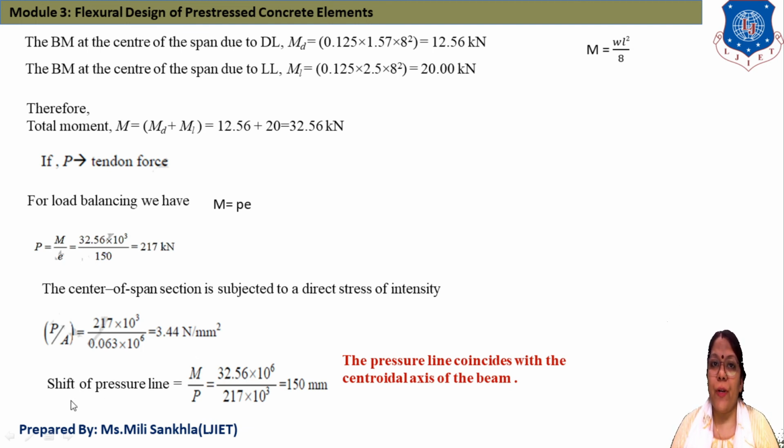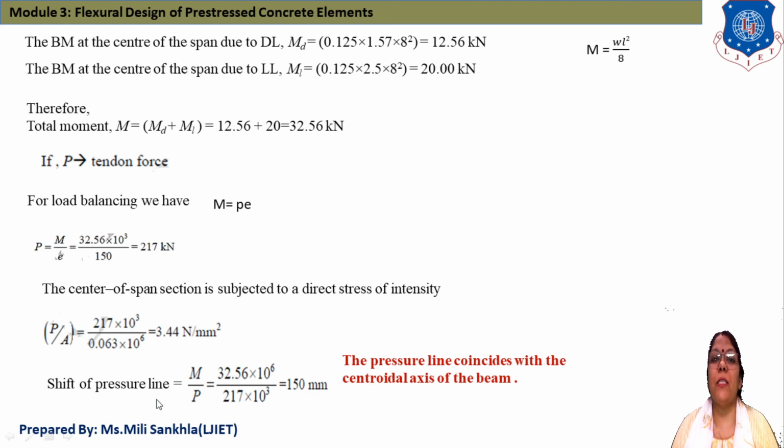Now the shifted pressure line: here the load is shifted to the pressure line, or thrust line, or C line, which is equal to M by P. M is equal to our moment, 32.56 × 10^6, and P is equal to our force, 217 × 10^3, and the answer is 150 mm.